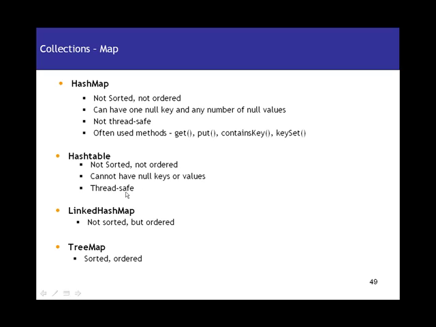And hash table is thread safe, so that means all the methods in a hash table are synchronized. Okay. Linked hash map is not sorted and it's ordered, and tree map is sorted and ordered, and all the other features are same as what we have discussed earlier. Okay, so these are the basic implementations we have in collections.